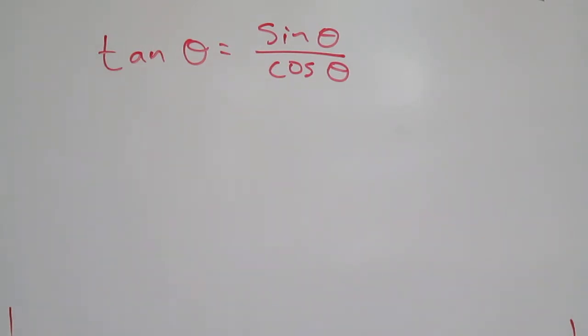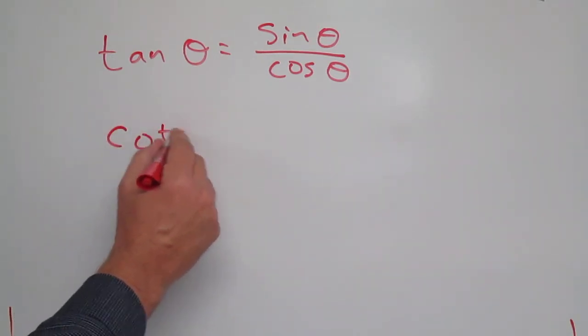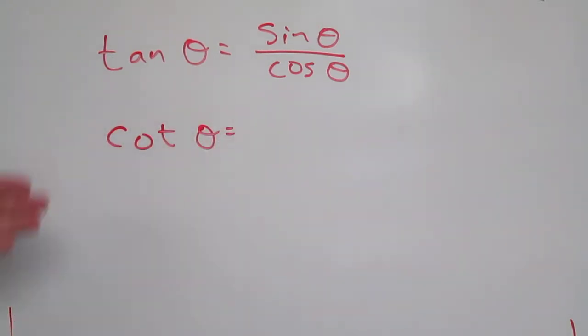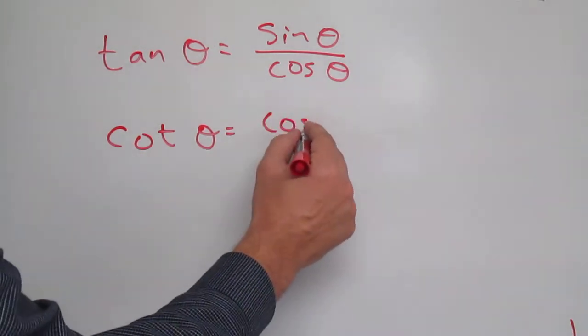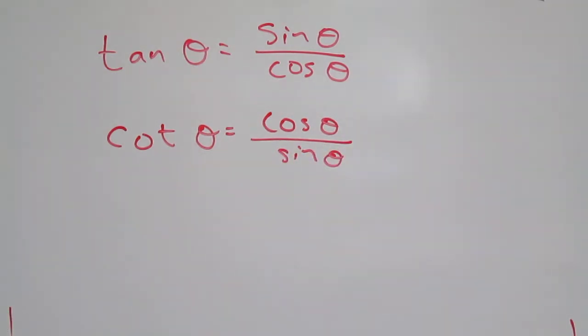Quotient is the answer to a division problem. At the same time, since cotangent is the reciprocal of tangent, you should be able to guess that it's equal to cosine over sine. So in a way, we could represent every one of the trig functions just in terms of sine and cosine.